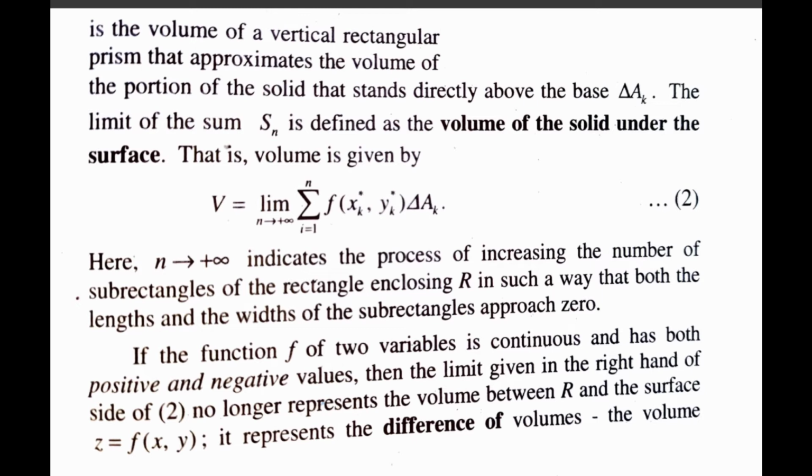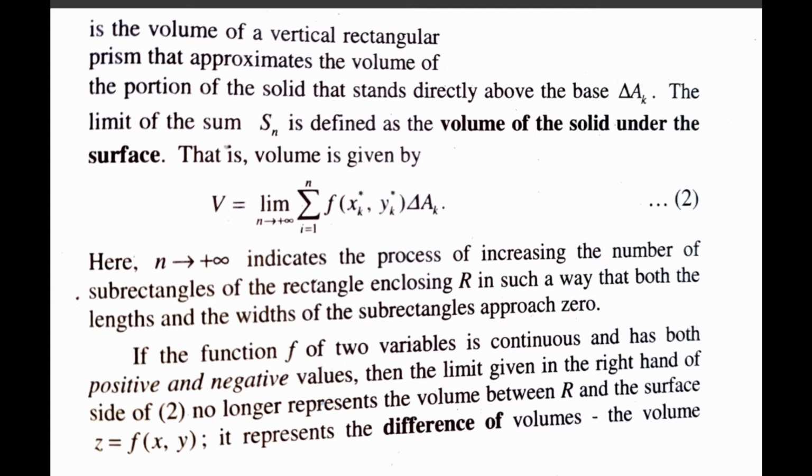If the function f of two variables is continuous and has both positive and negative values, then the limit on the right hand side of equation 2 no longer represents the volume between R and the surface z equal to f of xy.